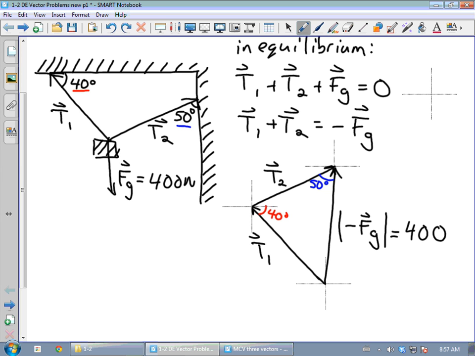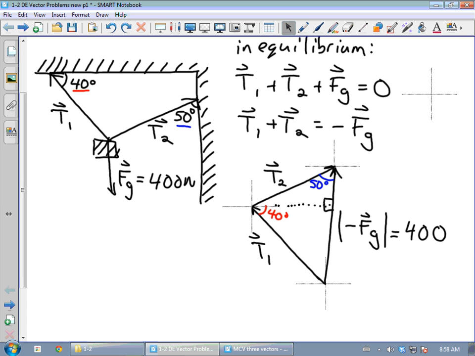Now, is there anything else that we can add in here? Well, let's see. If I extend this across like this, this has got to be 90 degrees and 90 degrees because that gravitational force is straight vertical. So if this is 50 degrees in here, I've got a little right angle triangle.